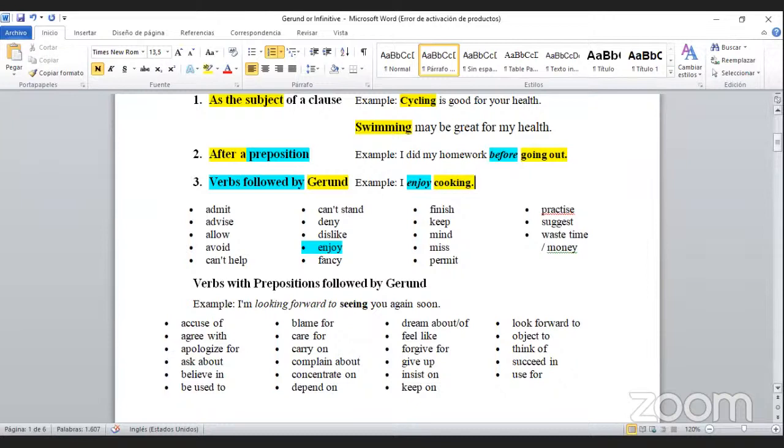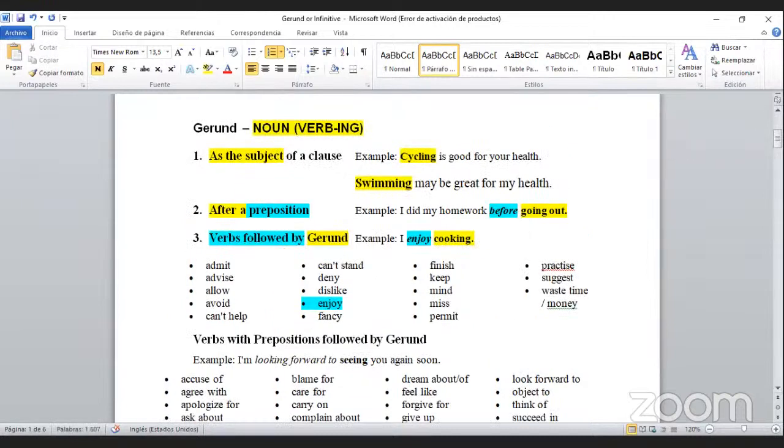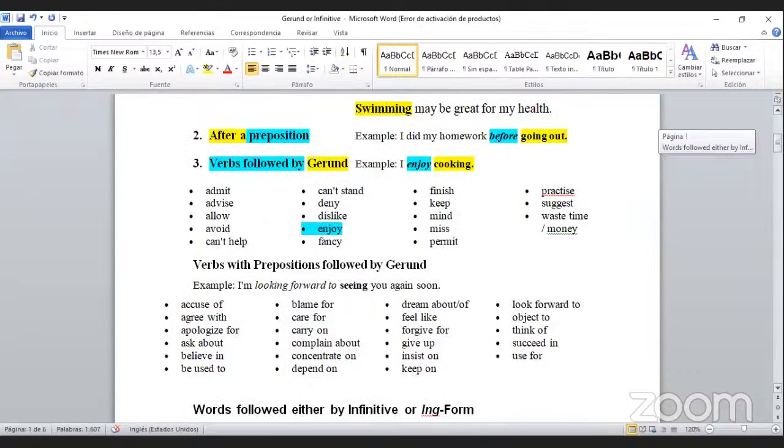So we have these three kinds of uses when we talk about gerund: prepositions, as a subject, and with verbs, in order not to join, for example, a crush of verbs.